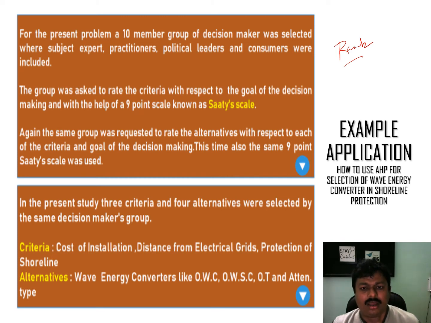However, the inventor of this method, Saaty, used his own scale of 1 to 9, where 1 is assigned to the least significant and 9 is assigned to the most significant at the time of comparing one criteria with respect to the other or one alternative with respect to other.